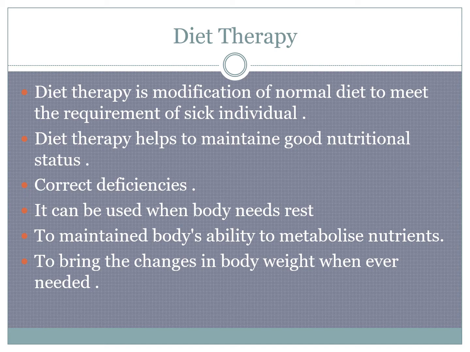Whenever certain kinds of changes need to be done in the body, we can modify the regular diet into something new, for sick individuals or whenever we have specific requirements. When we want to bring in changes in the body's weight, when we want to increase or decrease the body weight, certain things need to be added, certain kinds of modifications we do.